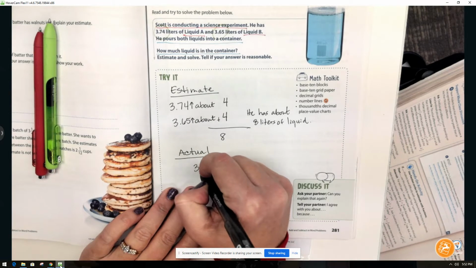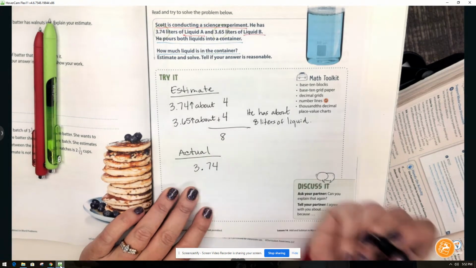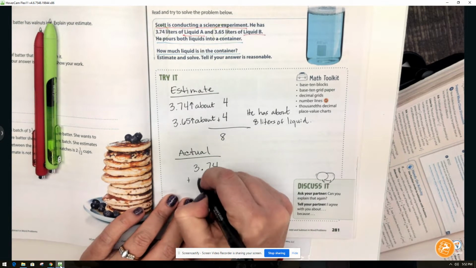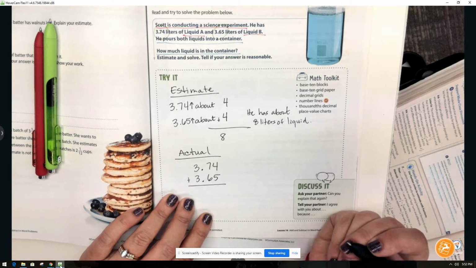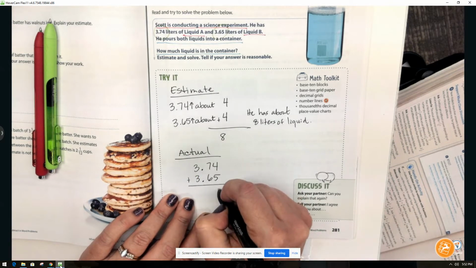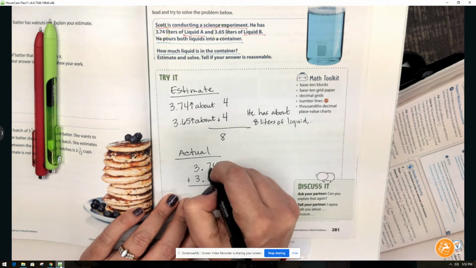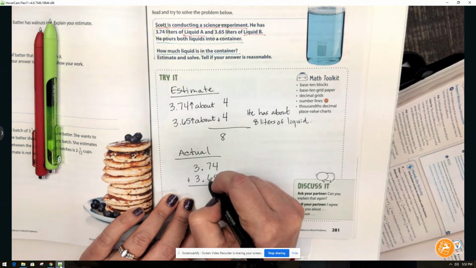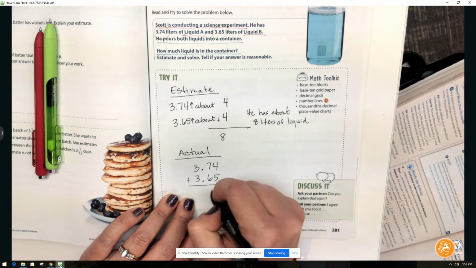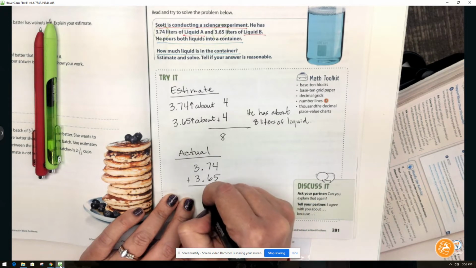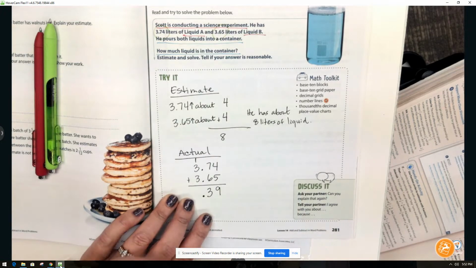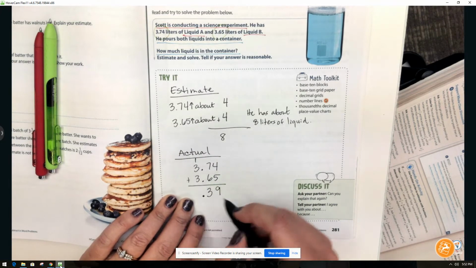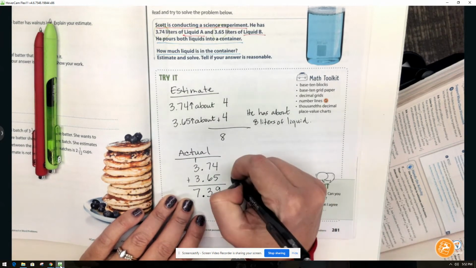So we have 3.74 plus 3.65. 4 plus 5 is 9. 7 tenths plus 6 tenths is 13 tenths. I'm going to put 3 tenths down there and regroup 10 of my tenths to make a whole. 1 plus 3 plus 3 equals 7.